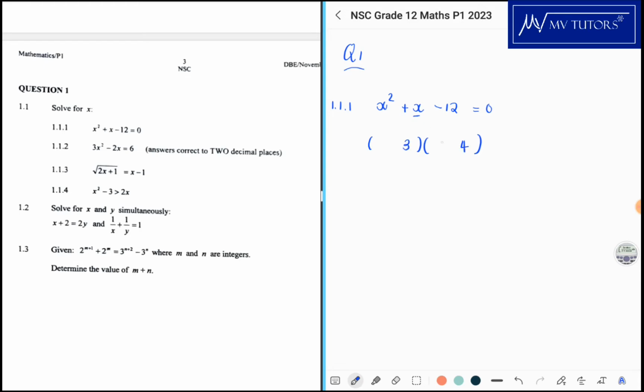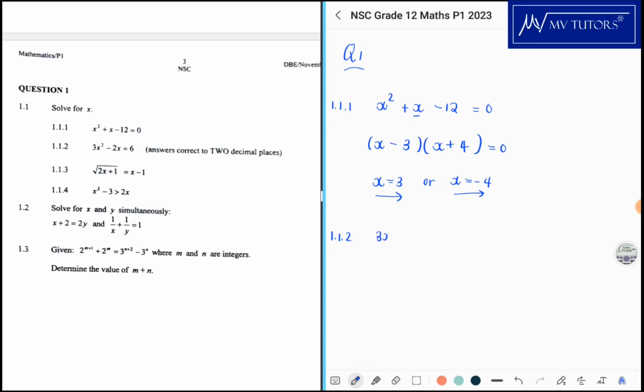And because we have a positive, we know that our 4 has to be positive, and our 3 would be a negative. So when we finally solve, we have x is equal to 3 or x is equal to minus 4. All right, at this point in time, you have probably mastered such questions.